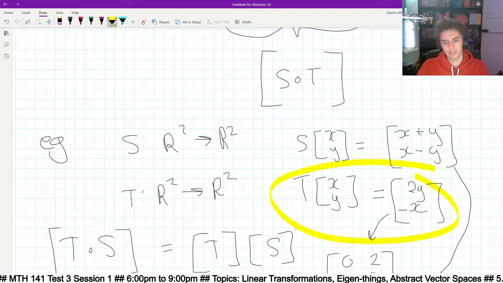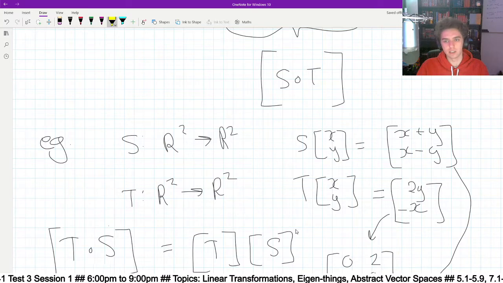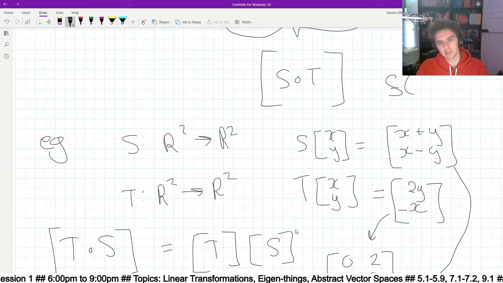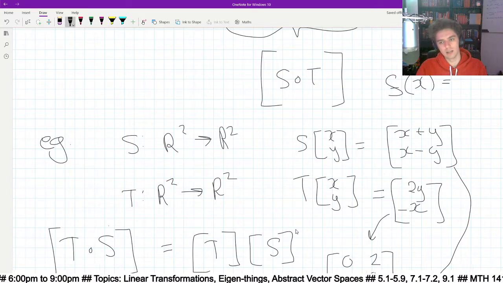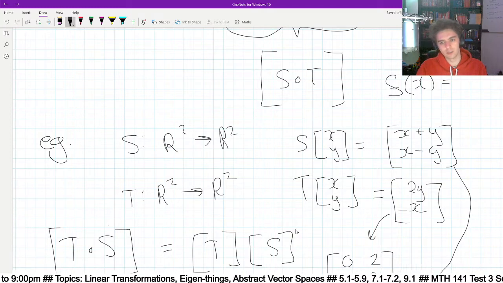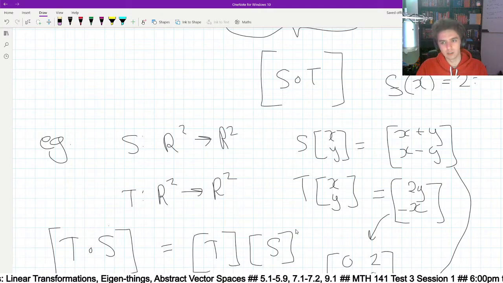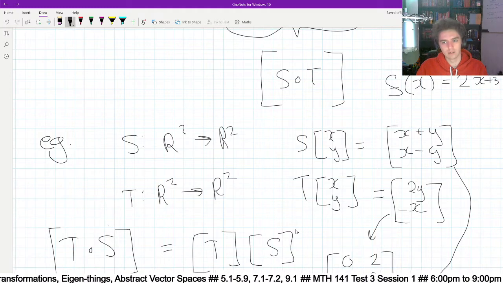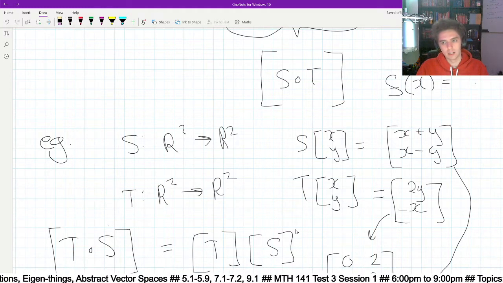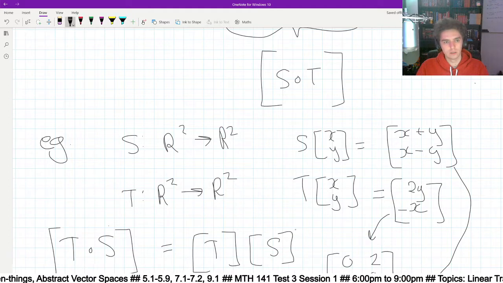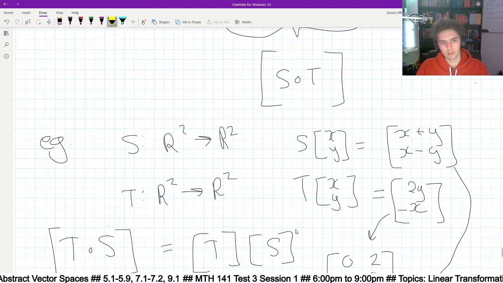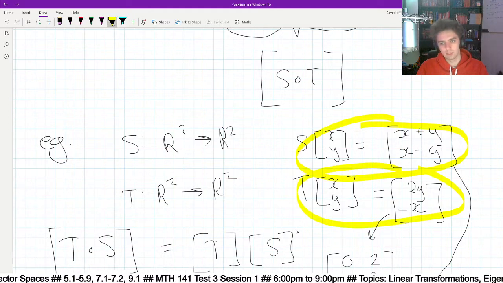If you have the general transformation, just like if you had f of x, you can find all the coefficients. It's 2x plus 3 or whatever the function is. Same way here, since you have the general form, you can find the matrix. Same with T.